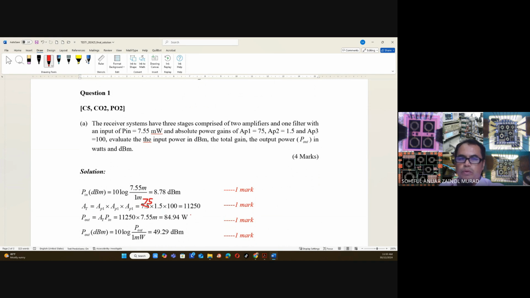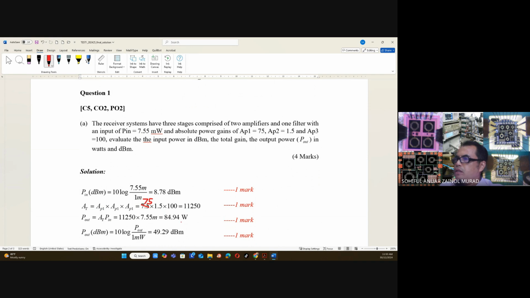So we get 11250 unitless total gain. And then the output power is just multiplying the gain with the input, 11250 multiplied by the input here, 7.55 milliwatt.